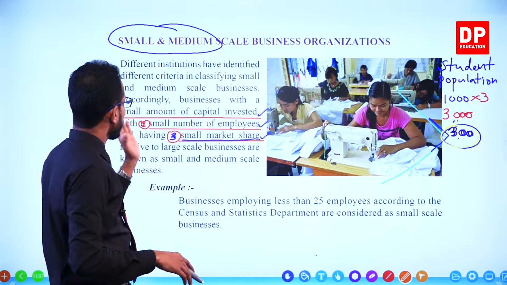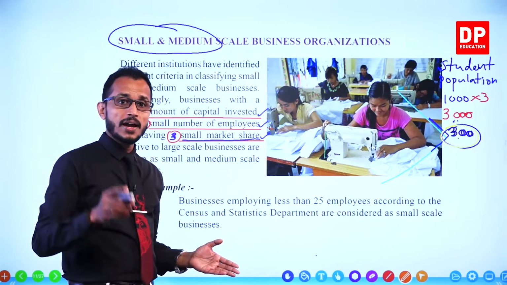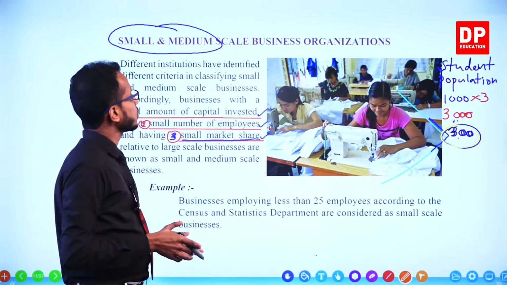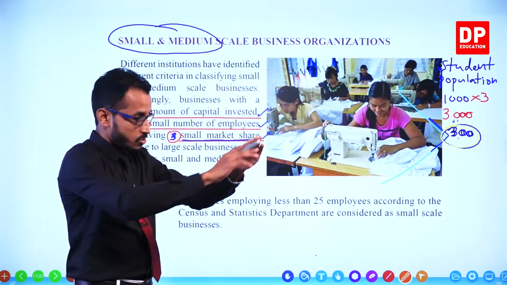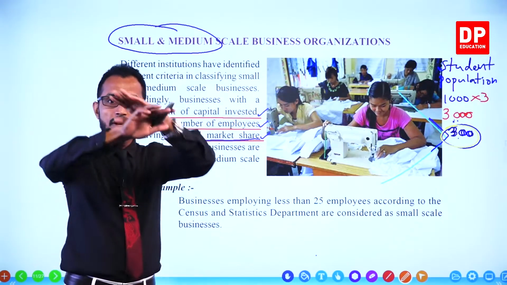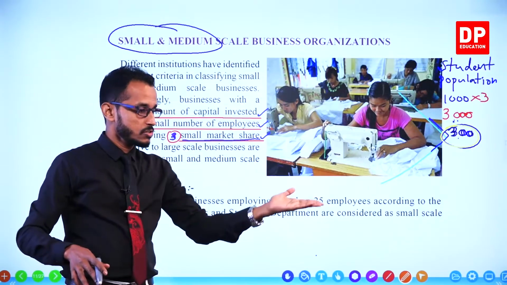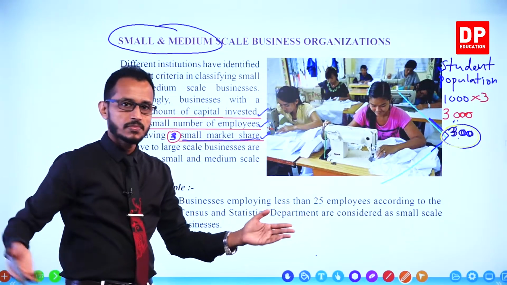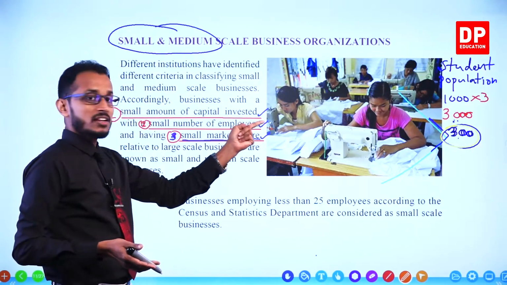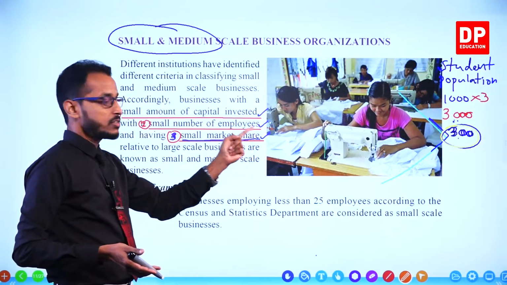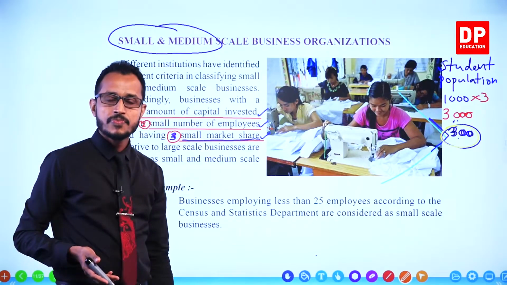So these are the determiners or bases which separate a small scale business from a large scale business. What are the criteria? Amount of capital invested, number of employees, and market share.